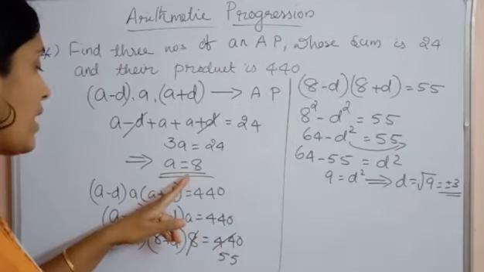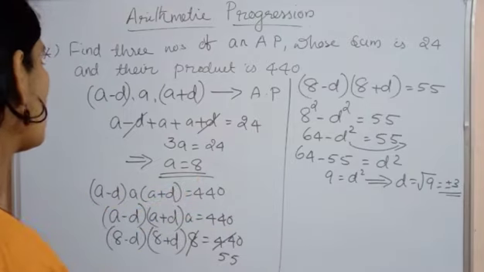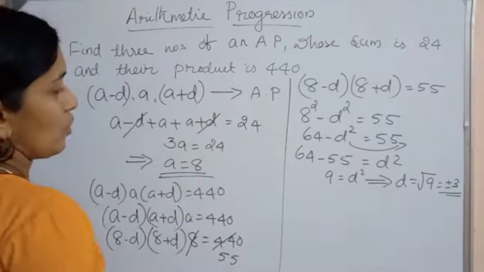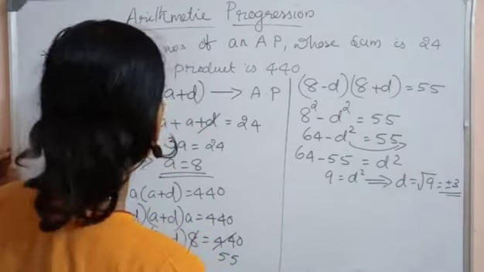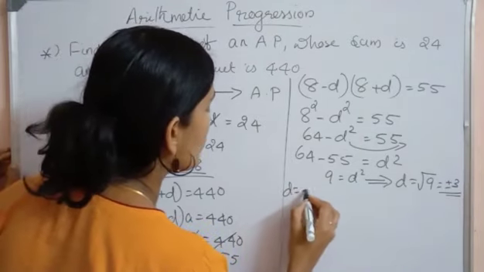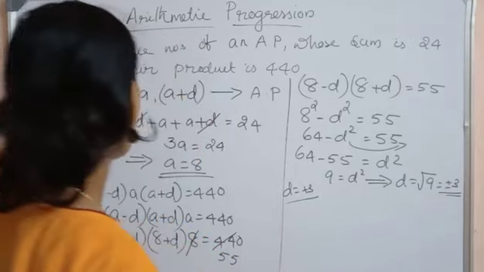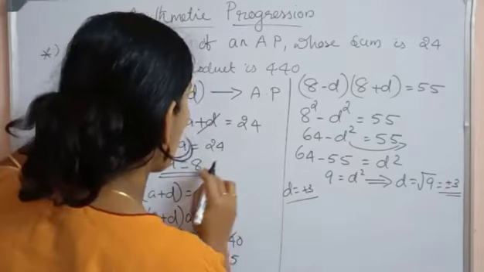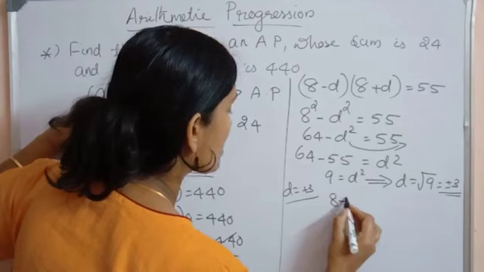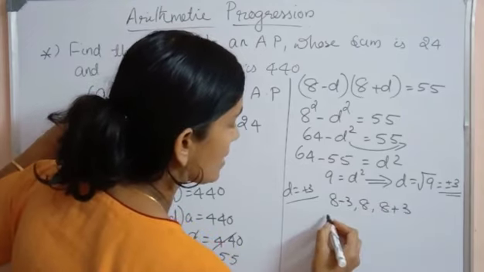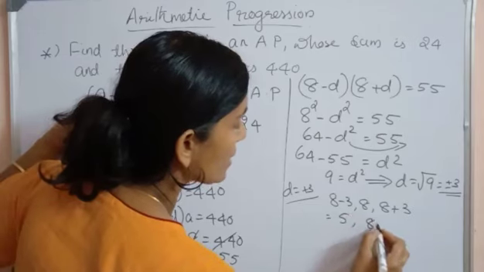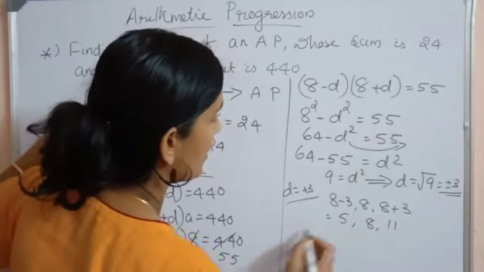We got the value of A as 8 and D as plus or minus 3. Now let's find the 3 terms of the AP. Here we have 2 values, one is plus 3, the second one is minus 3. When D is plus 3, we will get the AP as A minus D, 8 minus 3, 8 and 8 plus 3, that is 5, 8 and 11.